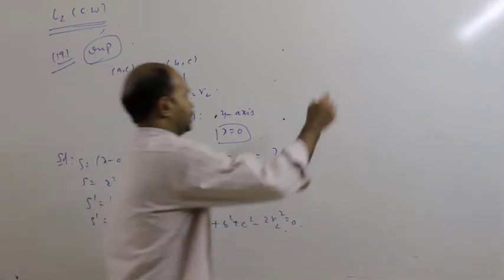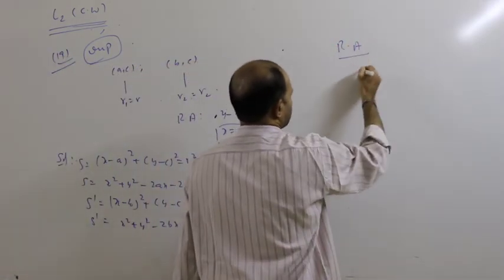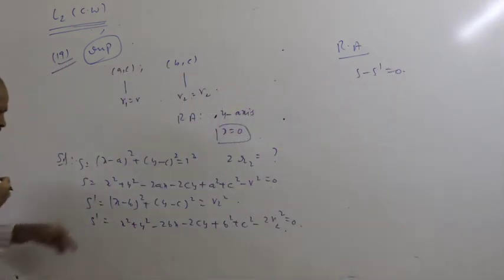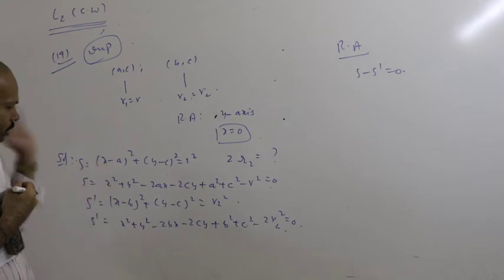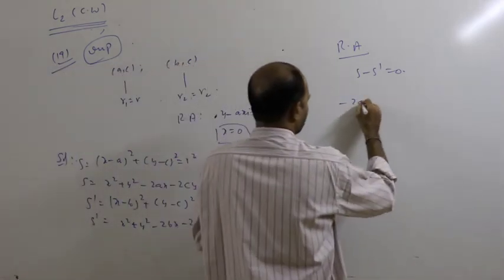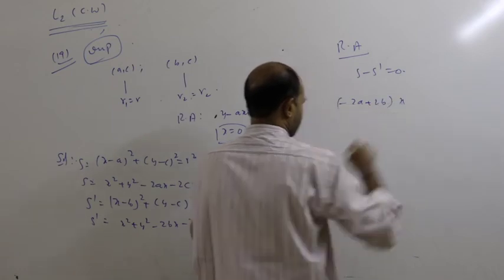Write down the radical axis. What is the radical axis? S minus S dash. Tell me what is S minus S dash? The x square and y square cancel. Minus 2a plus 2b times x.